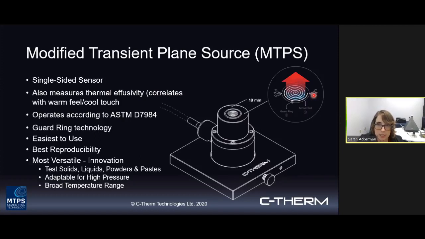So its electrical properties stay almost constant as a function of temperature. When we do a measurement, we'll apply power to both heater elements simultaneously. And the guard ring over here basically acts in a way to ensure that as far as the material over the sensor coil is concerned, the only thermal gradient is in the direction normal to the sensor surface. So that's what enables the one-dimensional thermal conductivity measurement and the measurement of the thermal effusivity of the material.